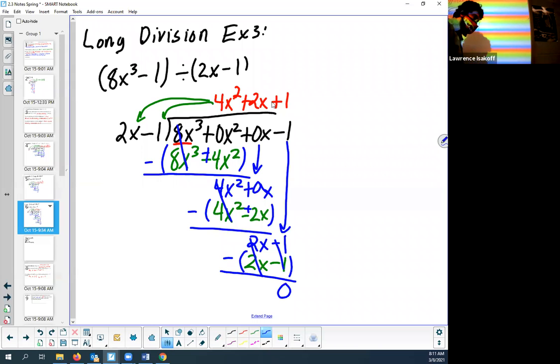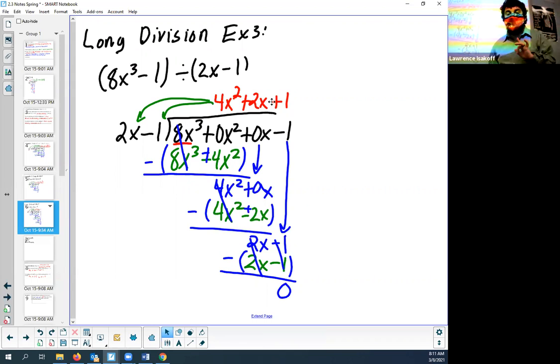So this has no remainder, which means 2x minus 1 is actually a factor of this. If I wrote 2x minus 1 times 4x squared plus 2x plus 1, if I multiply them out, it will give me this.